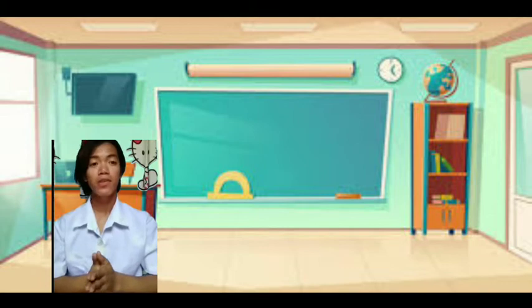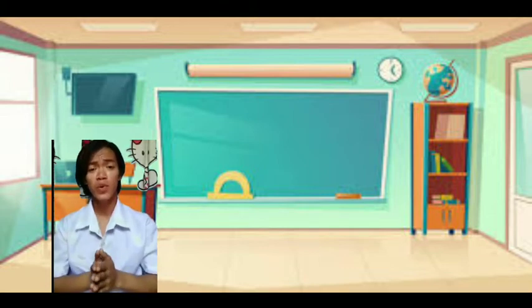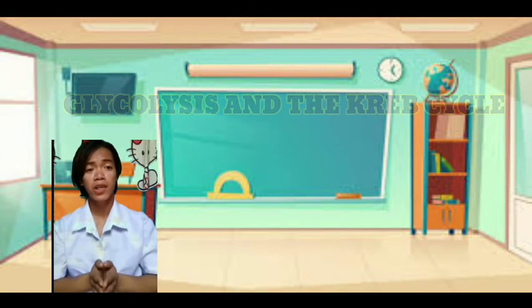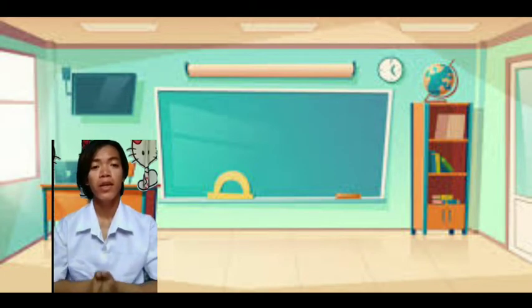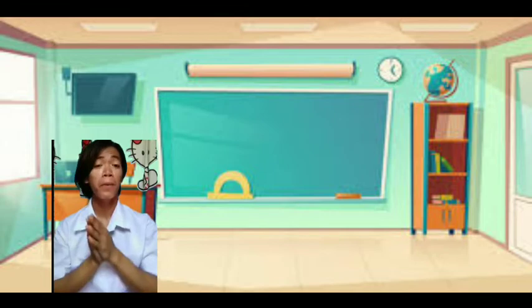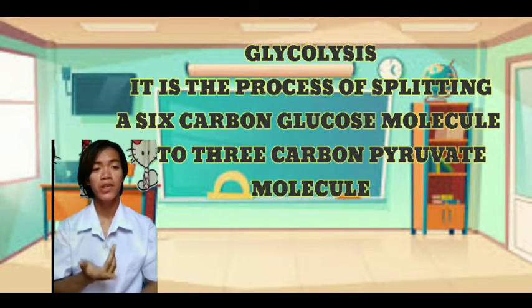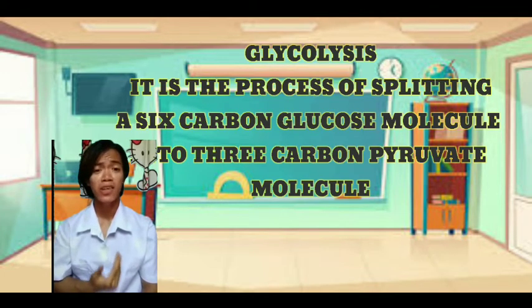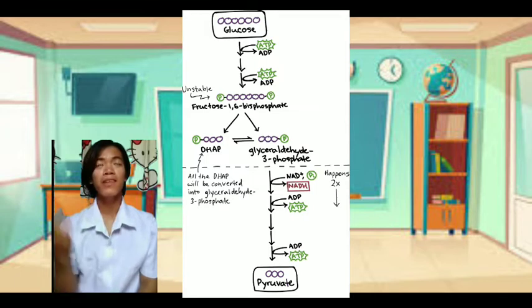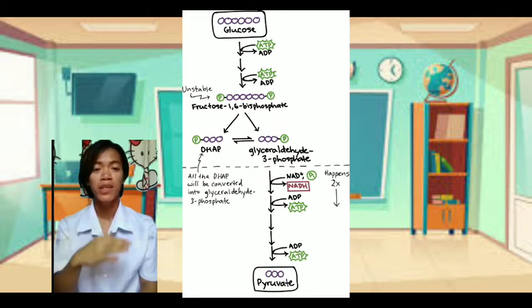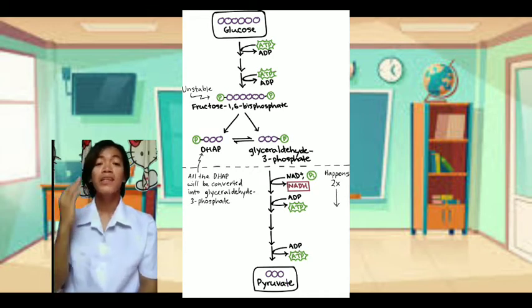Good day everyone. Today I am going to discuss with you glycolysis, pyruvate oxidation, and the Krebs cycle. Glycolysis is the process of splitting a 6-carbon glucose molecule into 3-carbon pyruvate molecules, which is linked to the Krebs cycle. It means the Krebs cycle and glycolysis have the same process of splitting with the same 6 carbon.